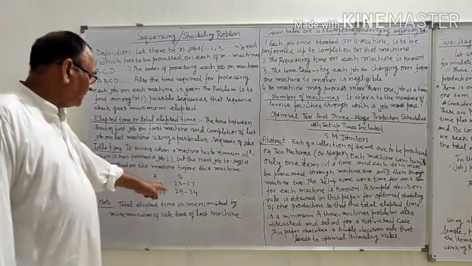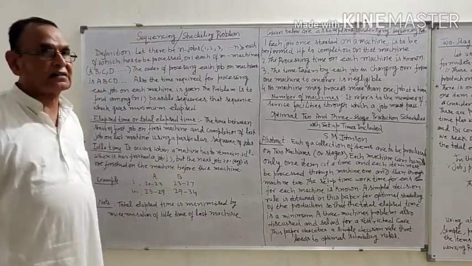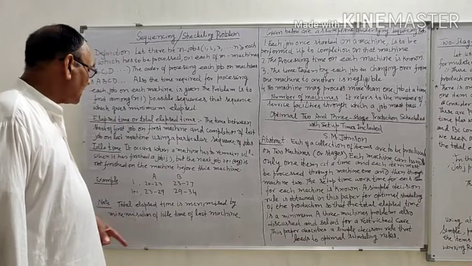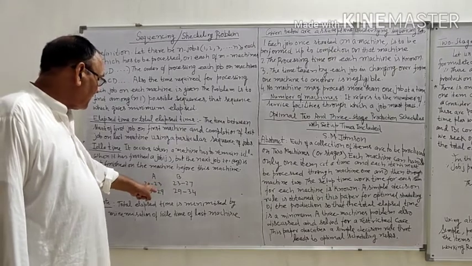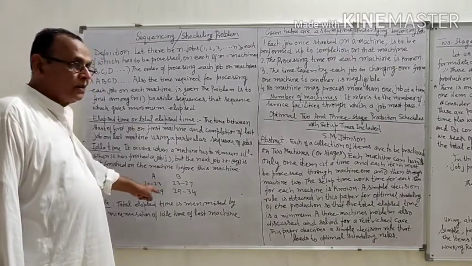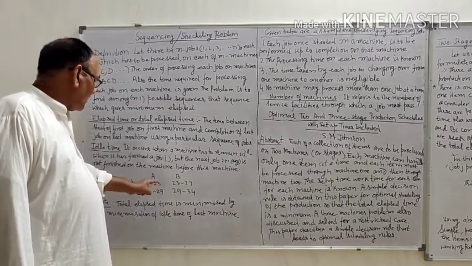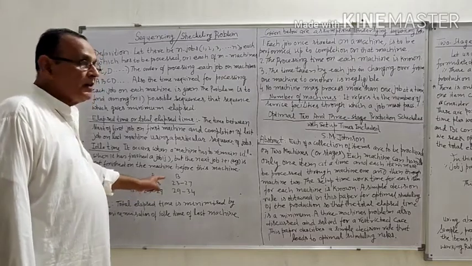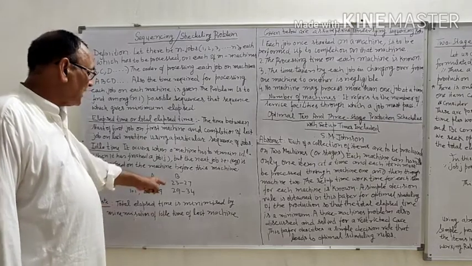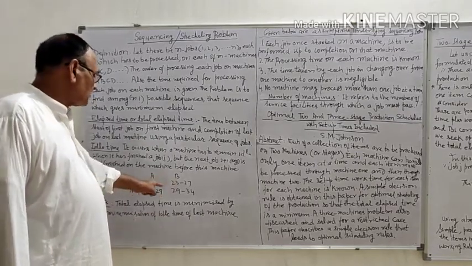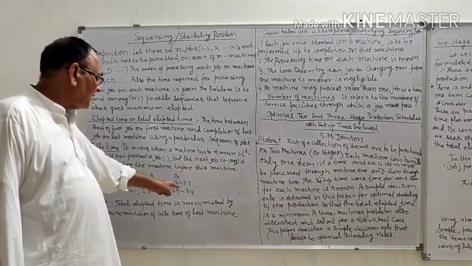Now check here that machine B is free at 27 hours, but the next job is not available to be processed on machine B until 29, because up to 29 the (i+1)th job is being processed on machine A. Suppose this (i+1)th job has 5 hours of processing on machine B, from 29 to 34.